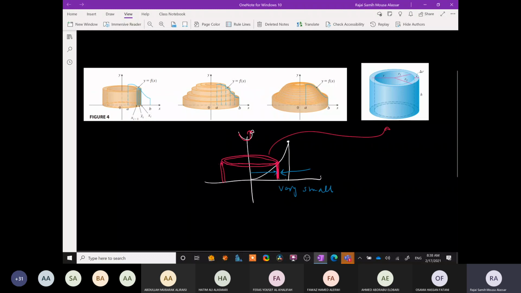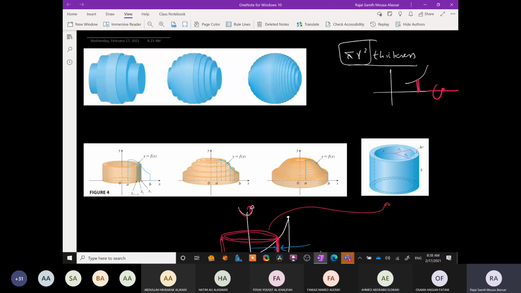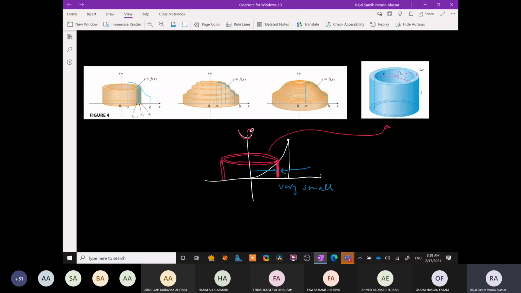Yes, clear. Okay, so again, very similar to the previous methodology. What we need is to find the volume of one of these samples. And again, the word is very important: you take a sample, a typical one. If you're able to calculate the volume of that, all you need to do is repeat yourself.